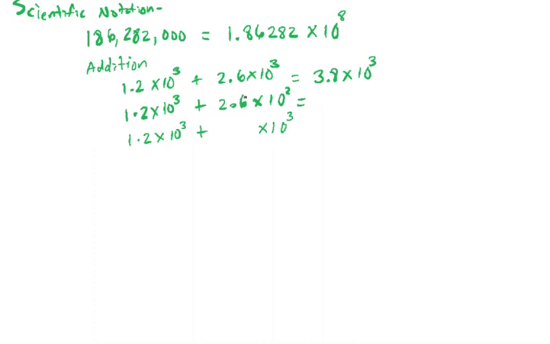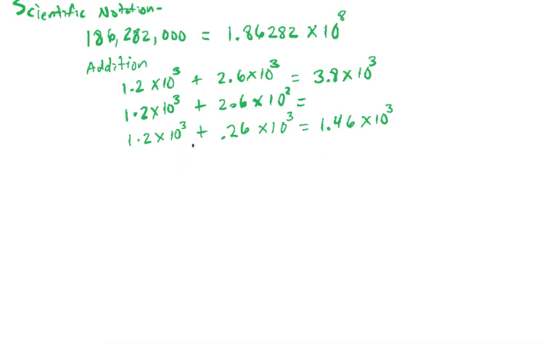We basically took a 10 out of here and moved it over into there, so this becomes 0.26. In other words, we made this number bigger, we have to make this one smaller by the same factor of 10. And now we can add these together. This is 1 plus 0, the 0.2 and the 0.2, and we would get 1.46, and then times 10 to the third.